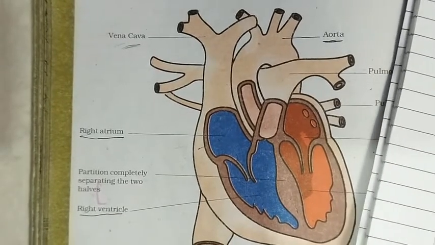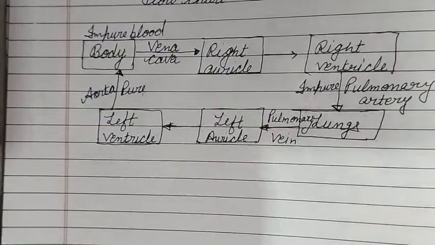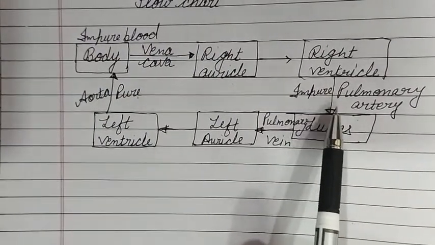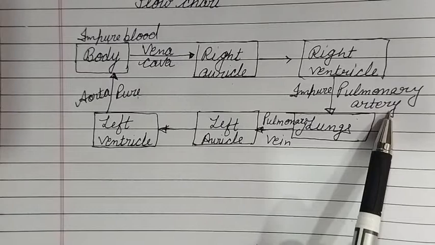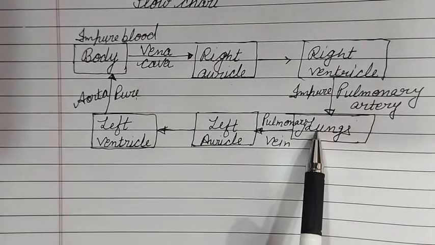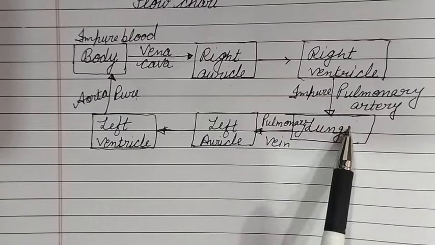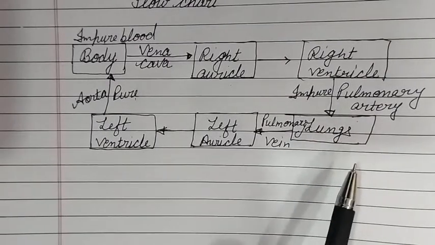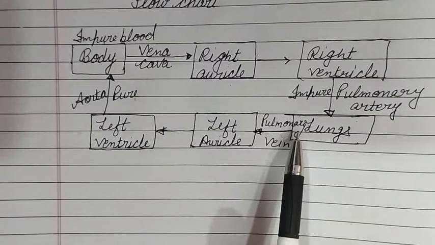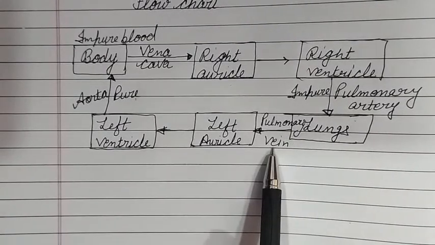Now this is the impure blood. From the right ventricle, this impure blood is carried through the pulmonary artery, and the pulmonary artery takes it to the lungs. Inside the lungs, purification of blood takes place. From the lungs, the pulmonary vein carries the blood.